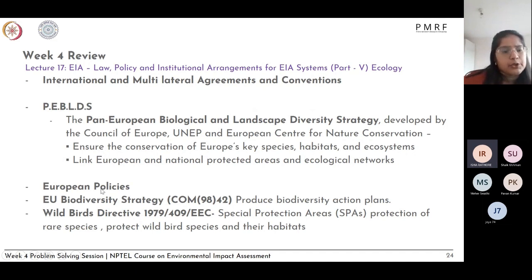And then some other European policies are the EU Biodiversity Strategy, which talks about biodiversity action plans, the Wild Bird Directive, which talks about maintaining special protection areas for rare species, wild bird species, and their habitats.